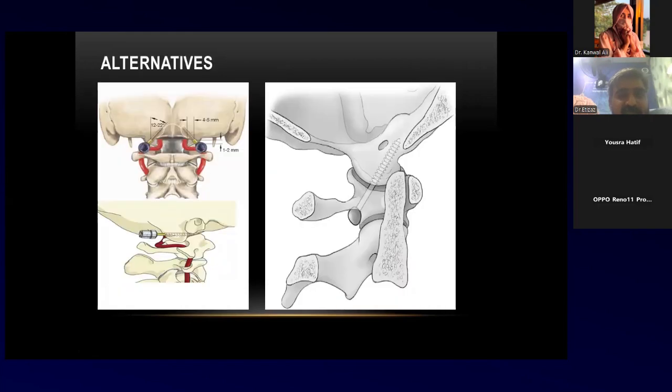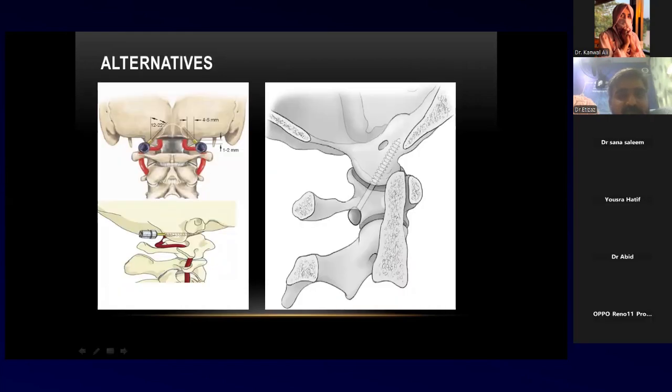Any question? Sir, I have a question. Dr. Sana? Which technique from posterior cervical wiring and fusion is important from the exam point of view? Please guide. The wiring technique, the posterior cervical wiring technique?